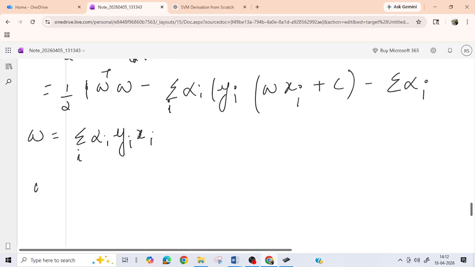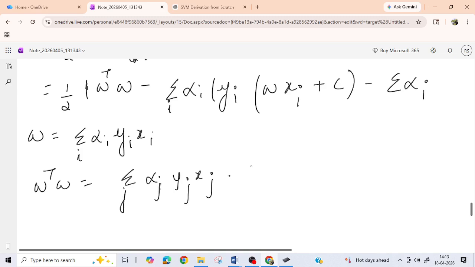So W transpose, what is this? This is alpha j yj xj, and we are writing it as j because this is a transpose, so there are two things happening, and we need to transpose this one also. Then we have W, which is nothing but the summation of alpha I yi xi.